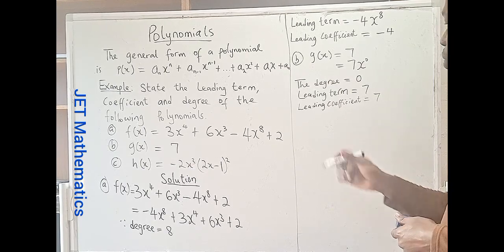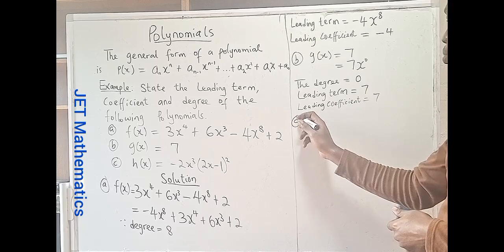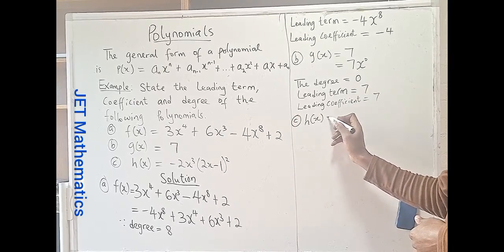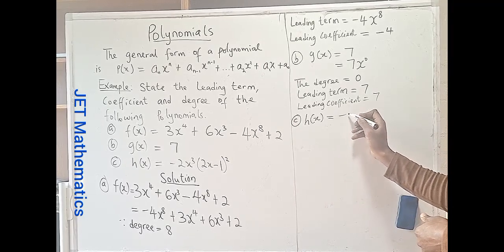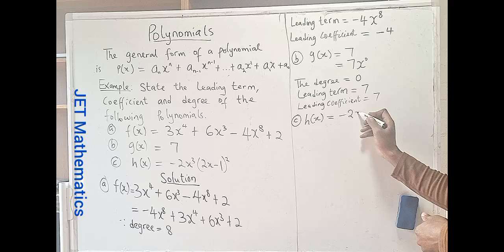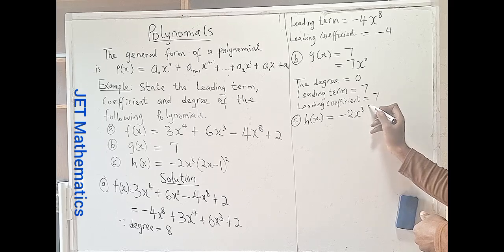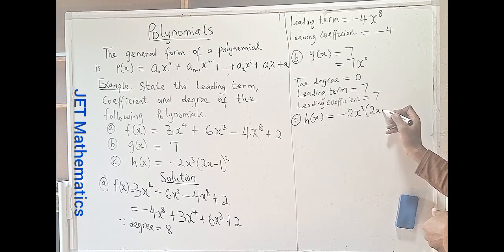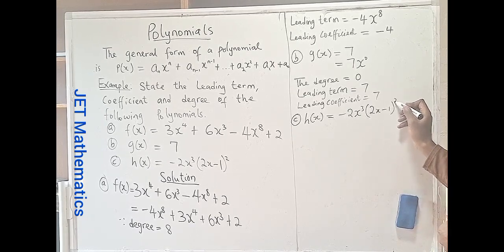Then lastly, we have c. h of x is equal to minus 2x cubed bracket 2x minus 1 all squared.